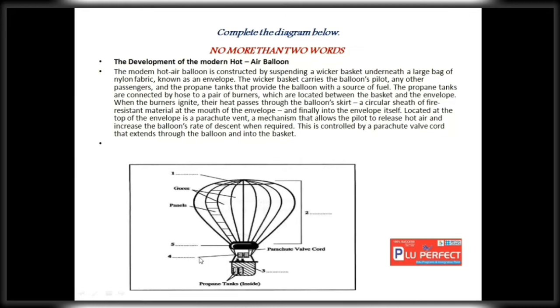Now, if you look at the fourth arrow, it's pointing towards something which is in pairs. Basically it looks like two boxes, rectangular in shape or maybe square in shape. So your answer for the fourth question will be plural, not singular.